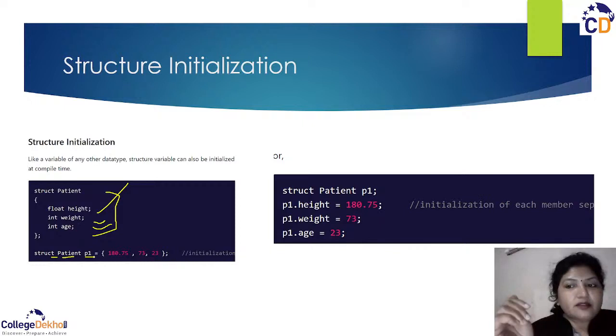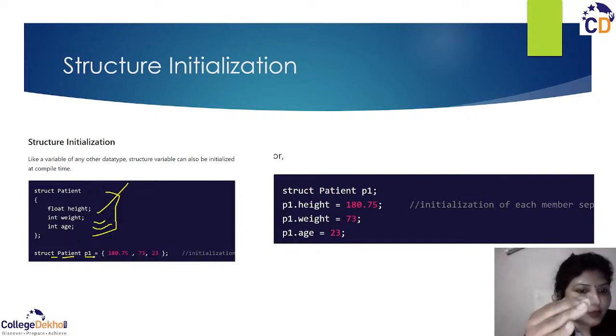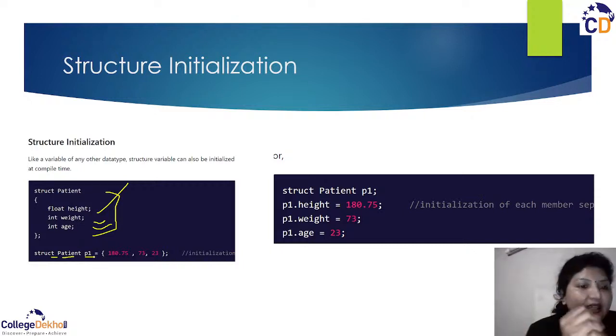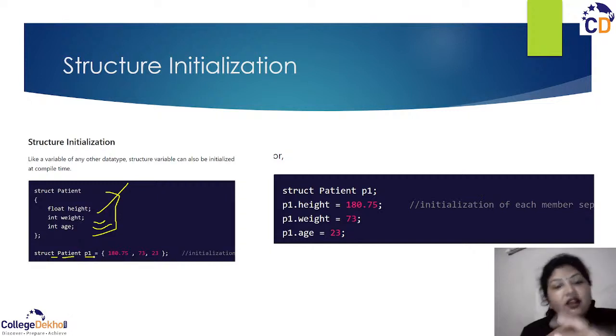Just open the braces and write down all the values. It is going to assign like this. First is height, that is a floating point number. Second is int weight, that is an integer number. Then is int age, that is again an integer number. This is how we assign or initialize the values in the structure. This is one way. What is the second way? This is the second way, right?